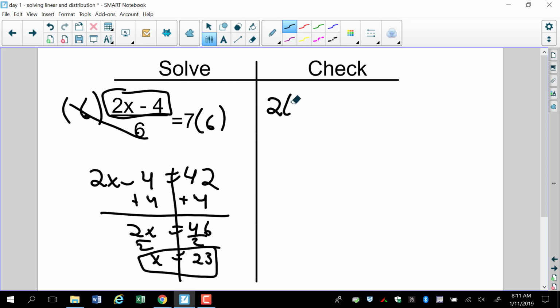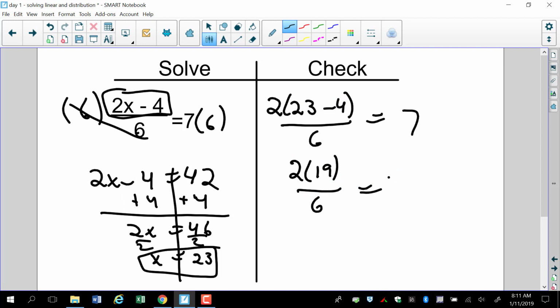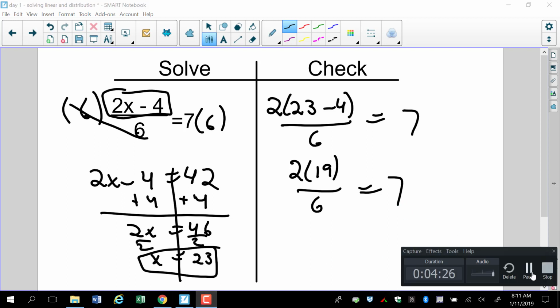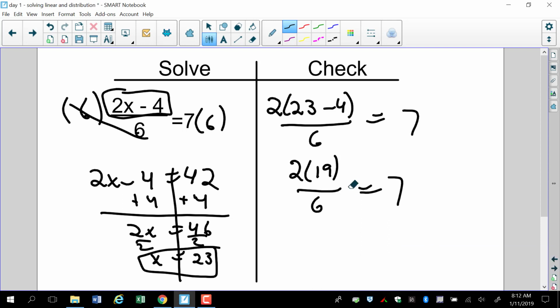So is 2 times 23 minus 4 divided by 6 equal to 7? So 23 minus 4 is 19. So it's 2 times 19 divided by 6 equal to 7. And it's not.